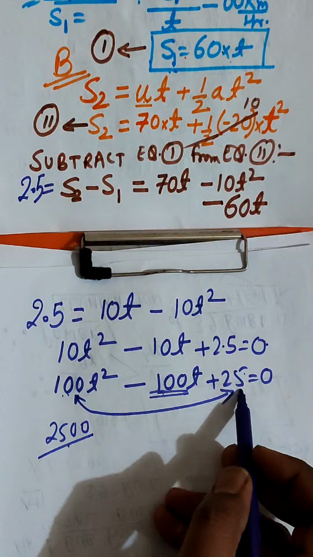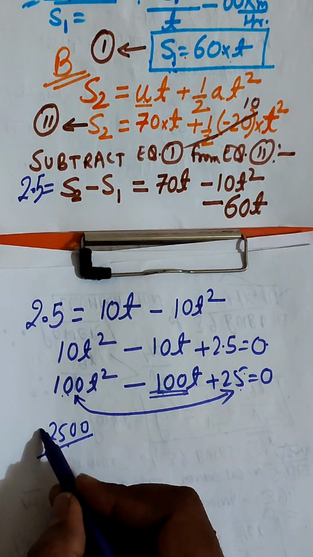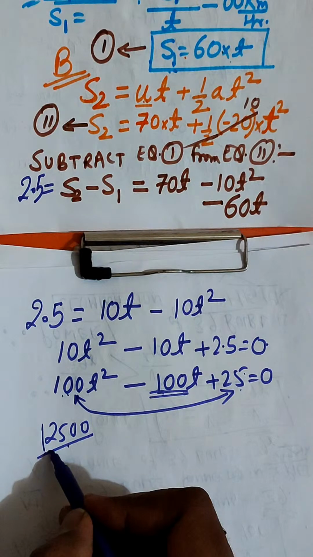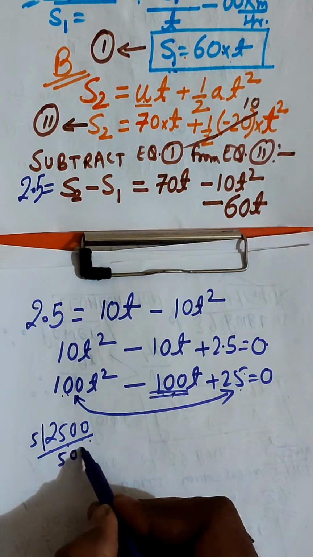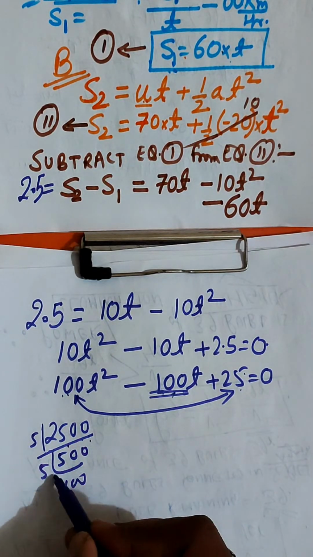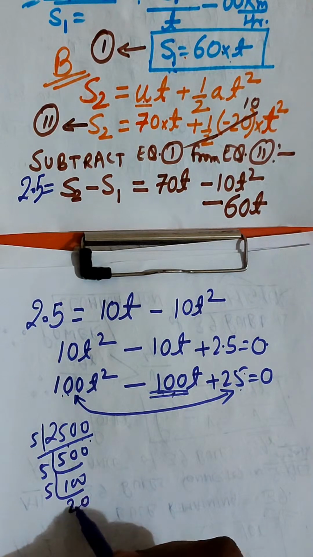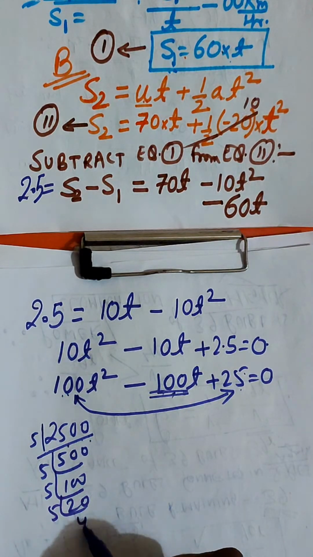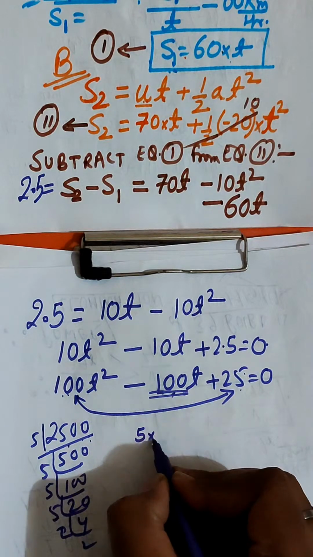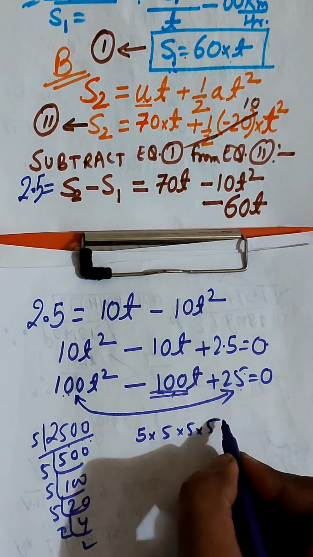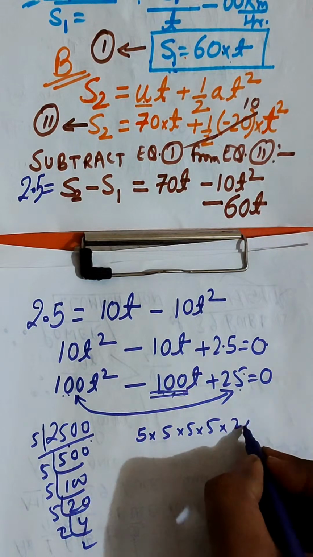So 100 into 25 is 2500, and what will be the factors which can be put over here, so that it will be 100? The factors are 5, 5, 5, 5 and 2 and 2.